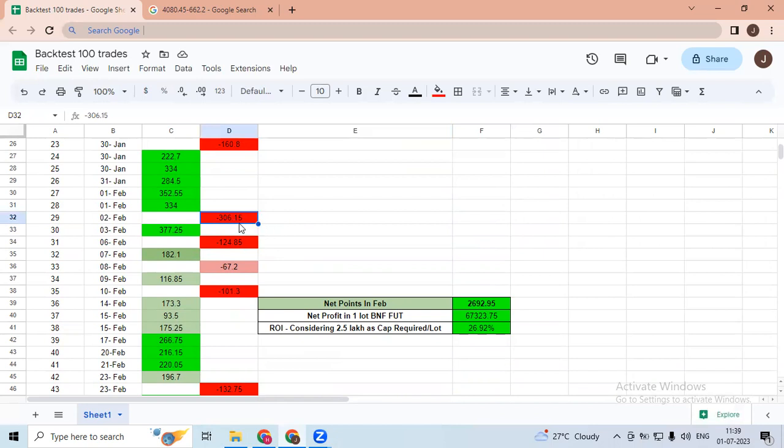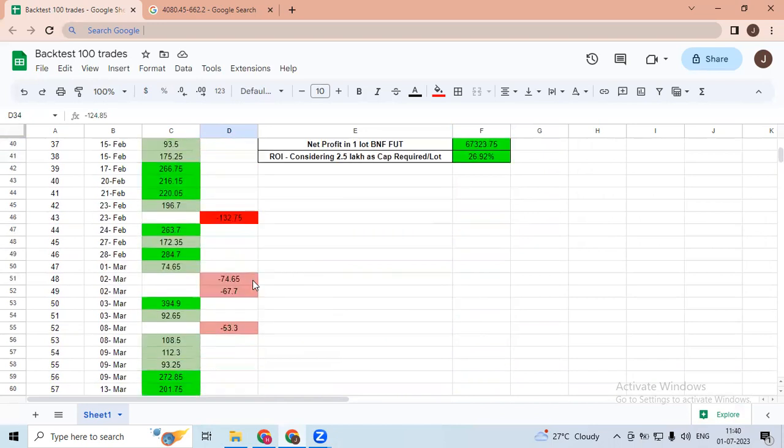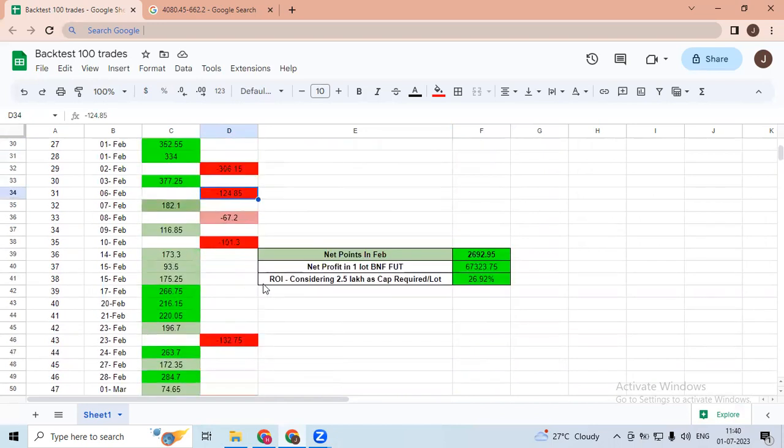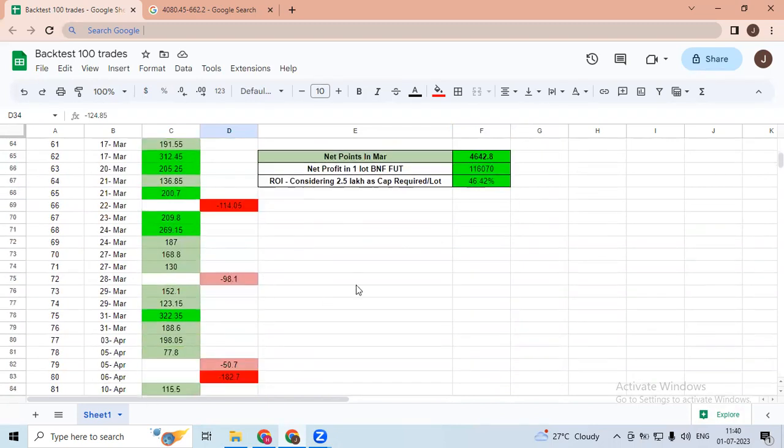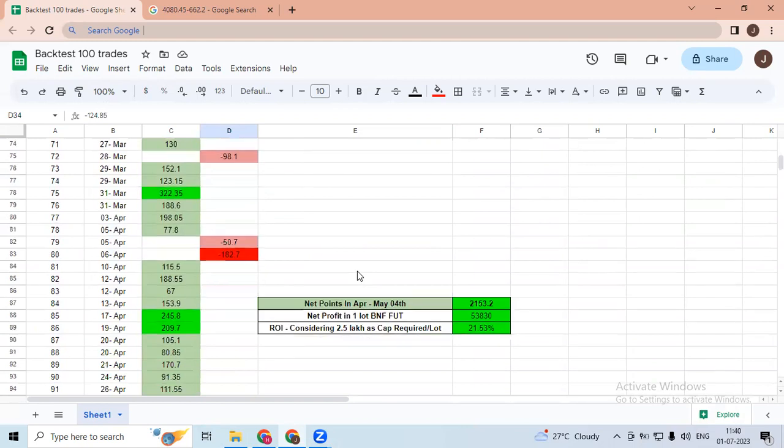Here are a few trades which have taken huge SLs like 306 points, 160 points, 124 points. These are huge SLs, right? Still, considering everything, we are in net profit.